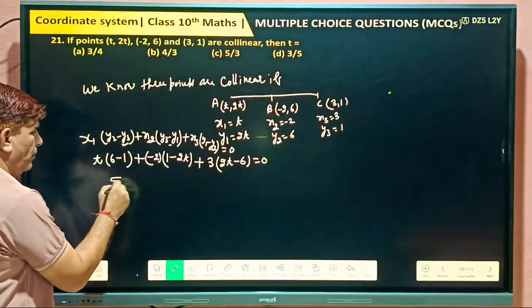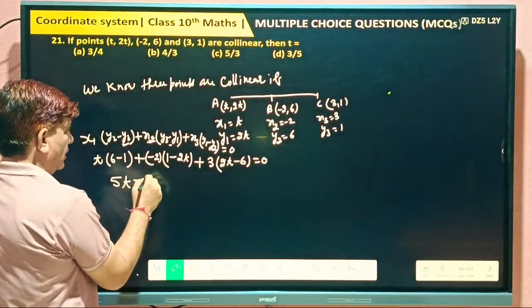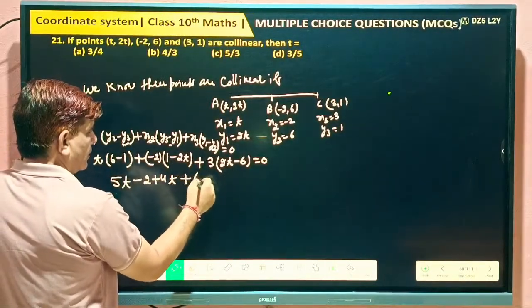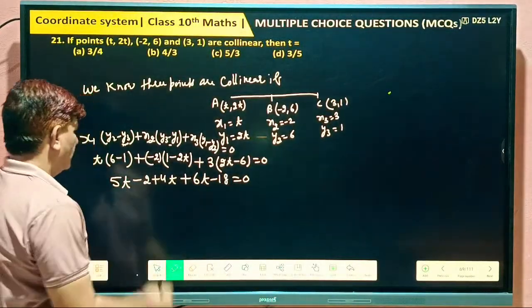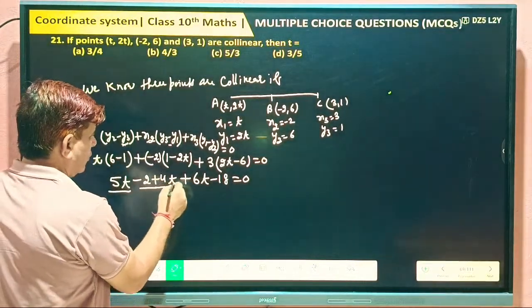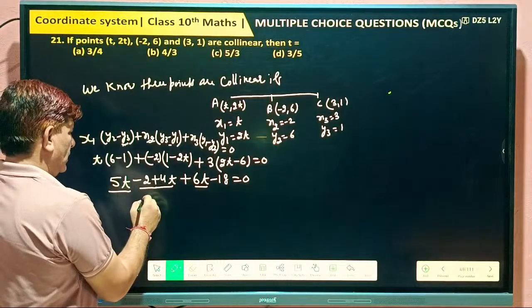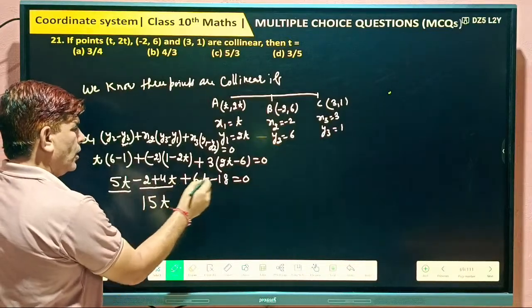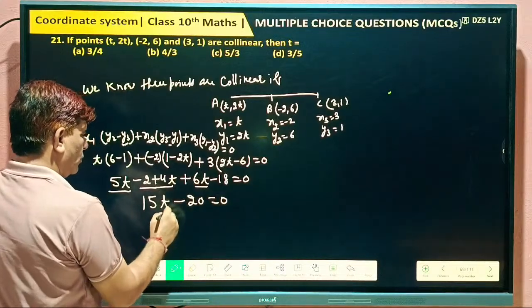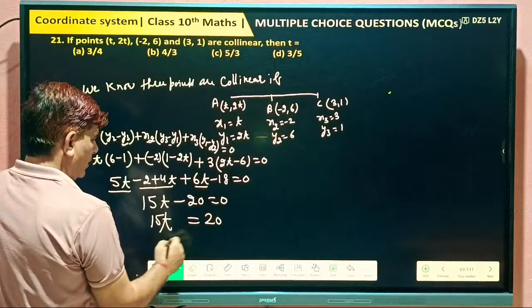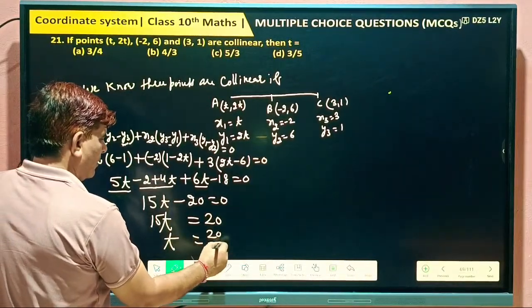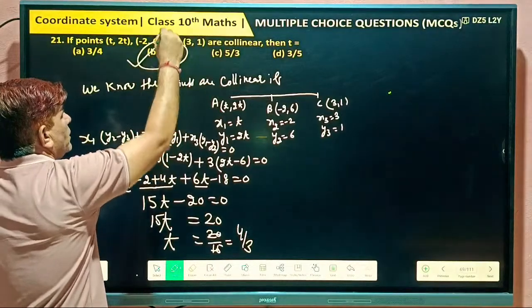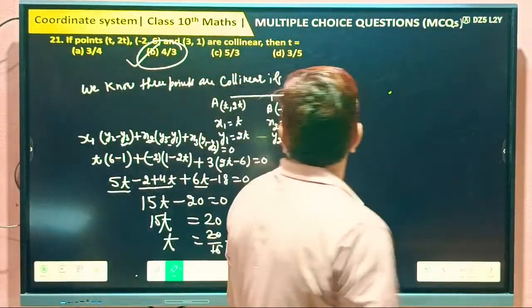Opening this, it becomes 5t, minus 2 plus 4t, plus 6t minus 18 equal to 0. So 5t plus 4t plus 6t is 15t, minus 20 equal to 0. So 15t equals 20 and t equals 20 by 15, which is 4 by 3. So B is your answer. Understood this?